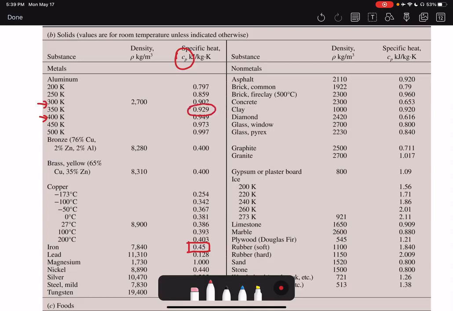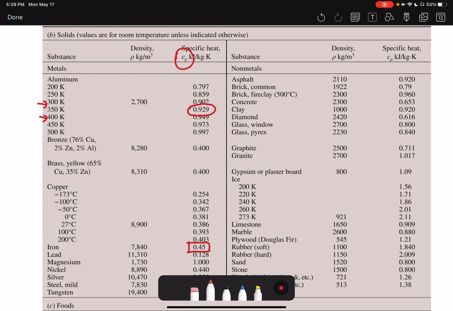You'll do some examples in your study problems, and we'll do some in class as well, where we might look for the value that is as close as possible. In this case, I do not want you to interpolate. You just find the closest value to your temperature.